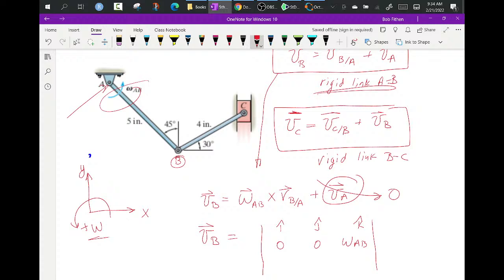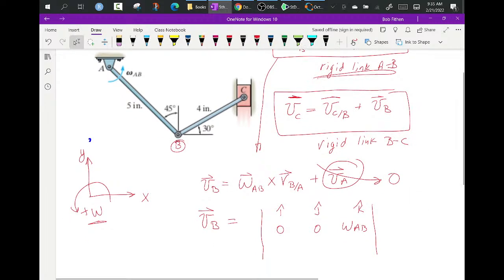So that's a plus omega that rotates counterclockwise. So I assume it to be plus. It just so happens he's drawing it that way. But if he drew it the other way, I would erase it and draw it in a positive way, so I can list this as a positive number.